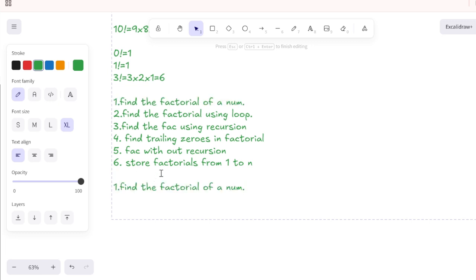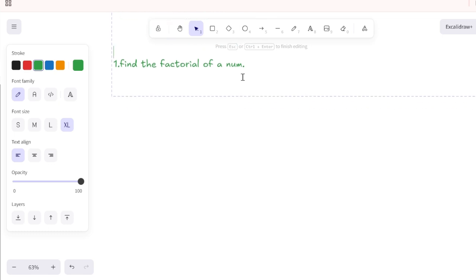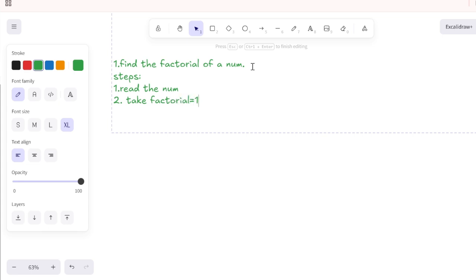So finding the factorial of a number. In this question, we need steps to find it. Firstly, we need to read the number from the user. You can take a starting number also. Second, take factorial is equal to 1. You need to initialize the variable, right?